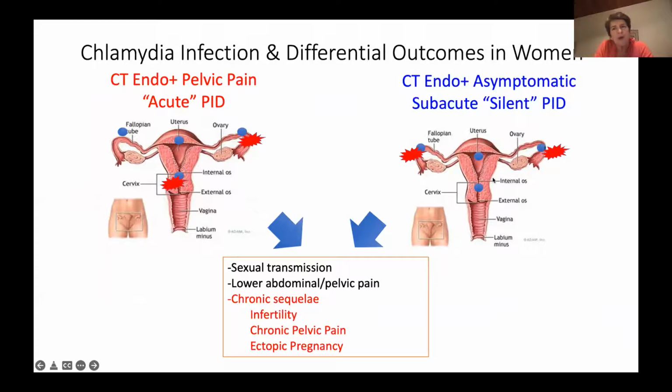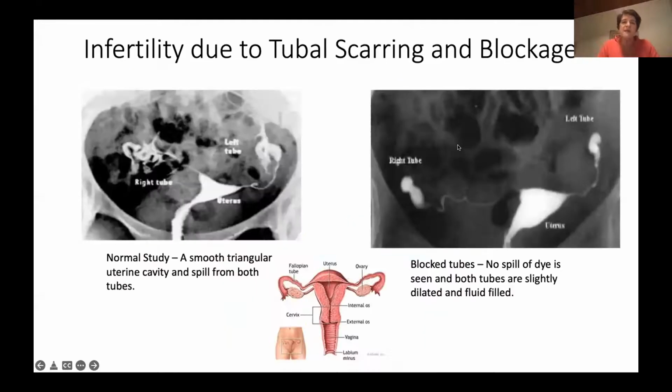But it can also ascend the upper genital tract and produce silent disease, which is a little scary because girls and women are walking around with this infection. This can lead to chronic complications of infertility, chronic pelvic pain, and even ectopic pregnancy.